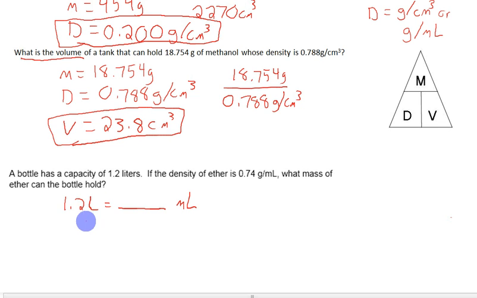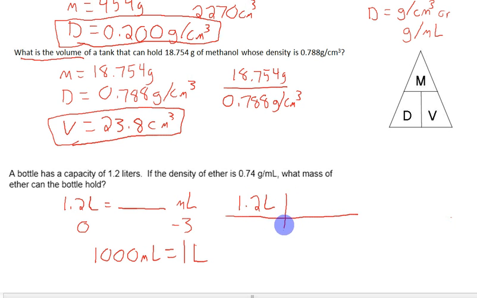We know that liters is a base unit that has a power of 10 of 0. Milliliters, the prefix is milli, which is a 10 to the negative third power. 0 and negative 3 are 3 zeros behind the 1. We always select the smaller unit, the milliliters, to equal 1 of the larger unit. So here's our conversion factor we'll use to solve this problem. I'll start with the 1.2 liters.